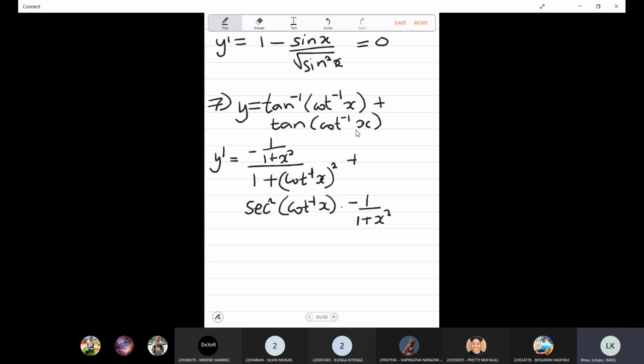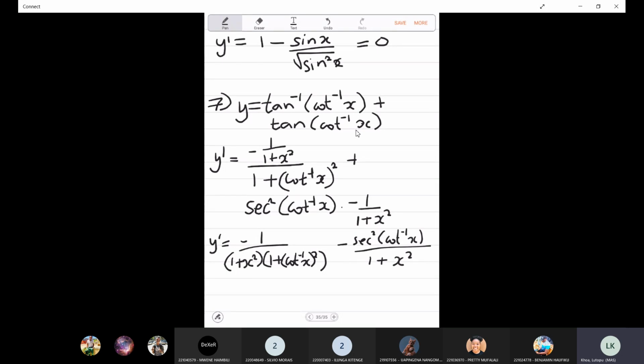So y prime is negative 1 over 1 plus x squared times 1 plus cot inverse of x squared, minus sec squared of cot inverse of x over 1 plus x squared.